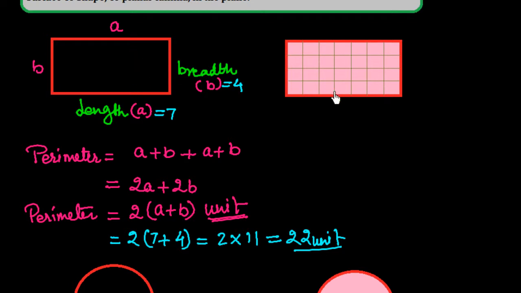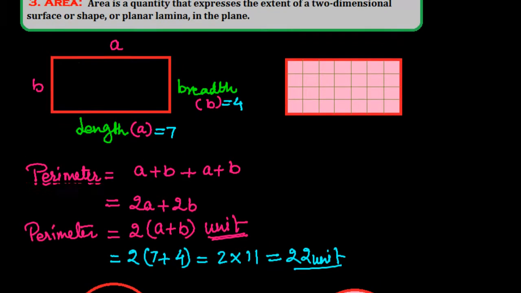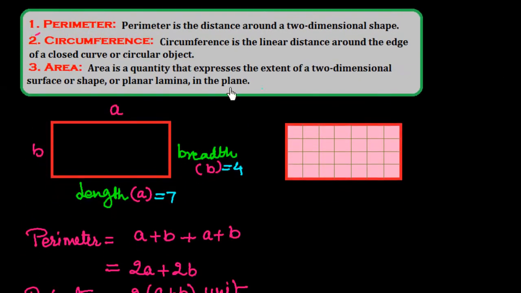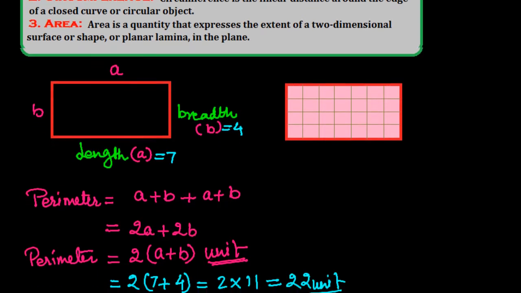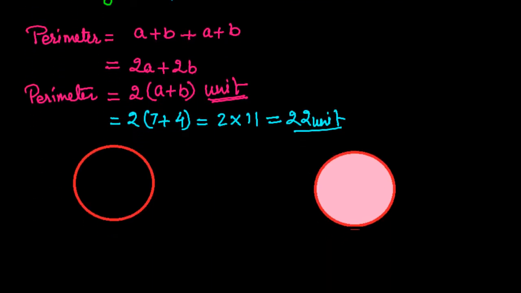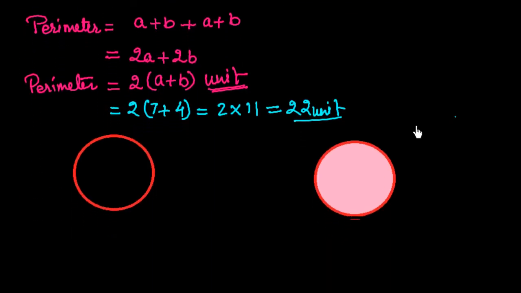Now I would like to explain circumference. The second definition is circumference. Circumference is the linear distance around the edge of a closed curve or circular object. It is the linear distance of the circular curve, or any sort of closed curve.